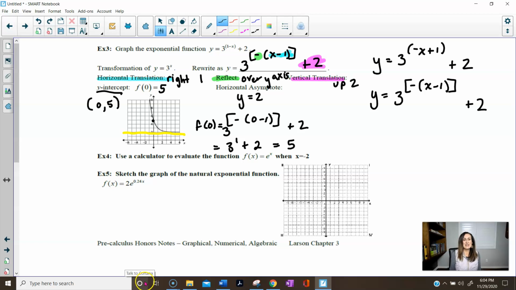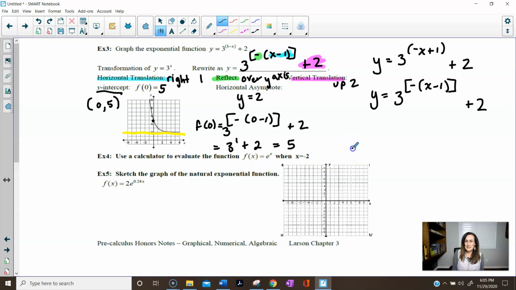Okay, let's look at example 4, and we're going to use a calculator to evaluate the function f of x equals e raised to the x. So base e, we're going to talk about in a moment, and they want us to evaluate when x is -2.